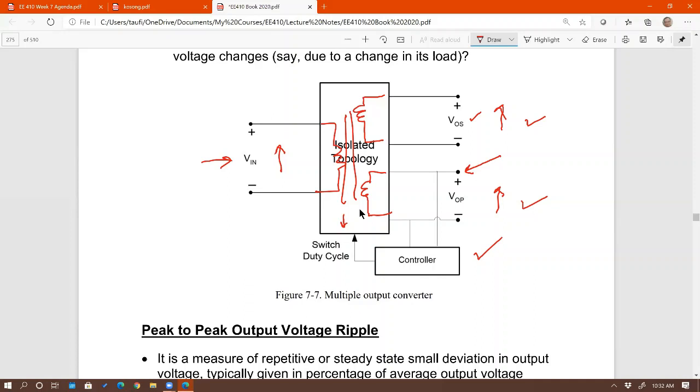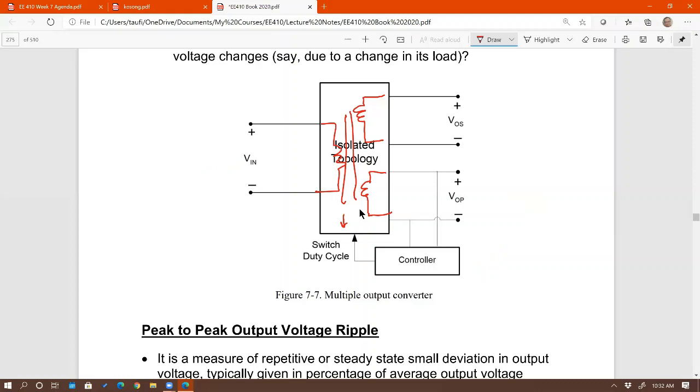So that's good. The lower duty cycle will change the lower output voltage as well as the top output voltage, again because the top output voltage is being controlled by the same duty cycle as the bottom one, okay? So that's good still.